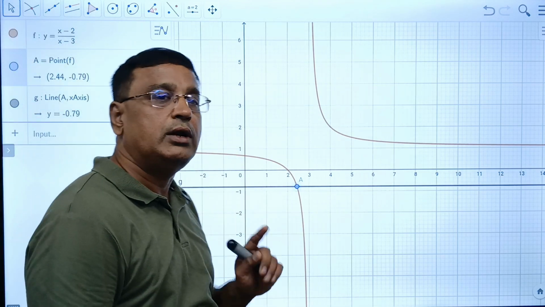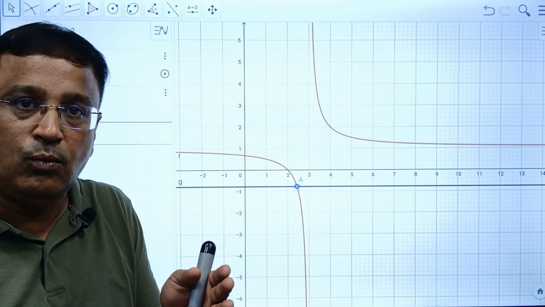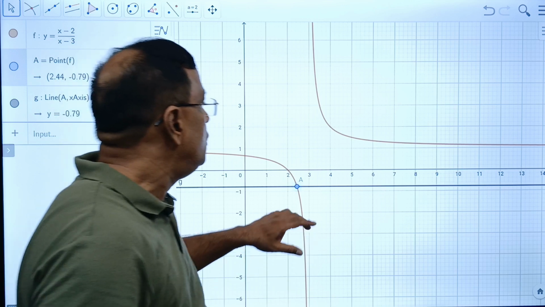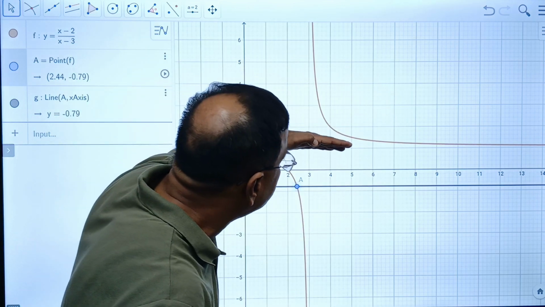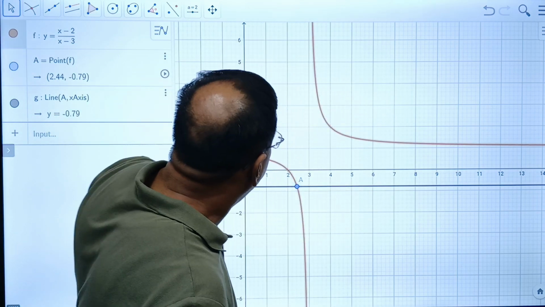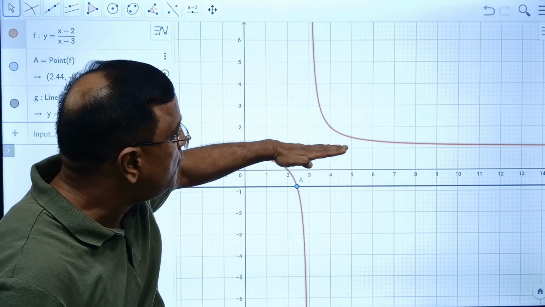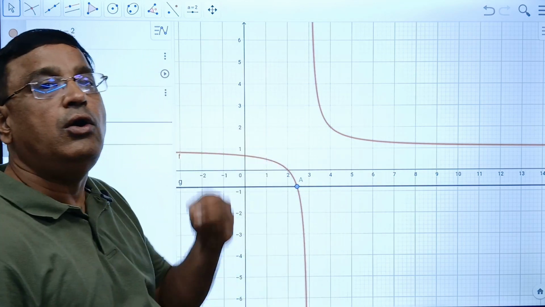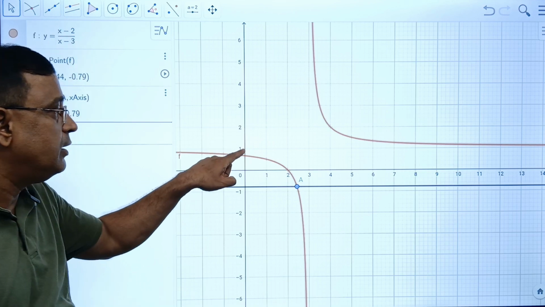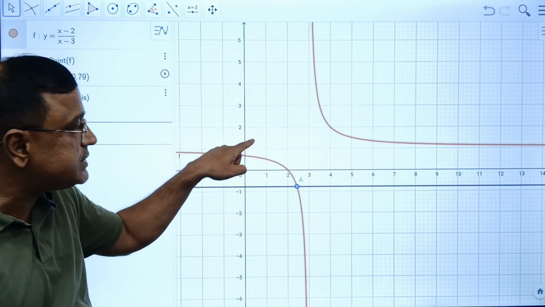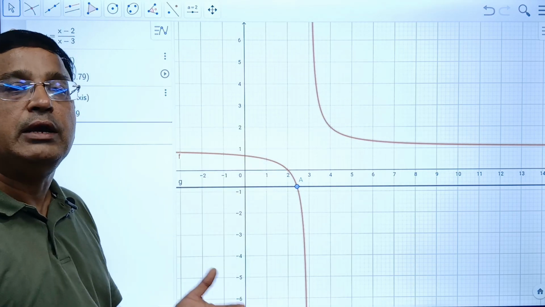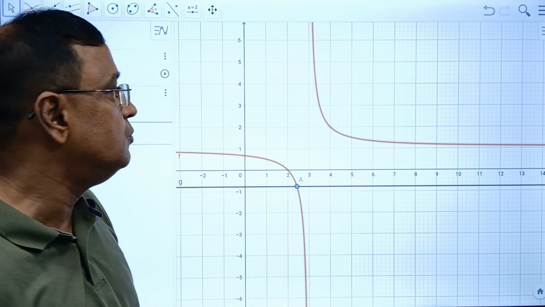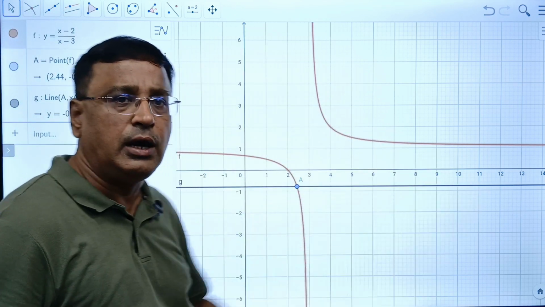Since it intersects at only 1 point, it is 1 to 1. Now for onto, look at the y values. The graph takes all values of y beyond 1, and it takes all values of y below 1. So my range will be all real numbers except 1. I told you 1 is not included. Therefore codomain equals range, and therefore the function is onto. And this is nothing but a hyperbola.